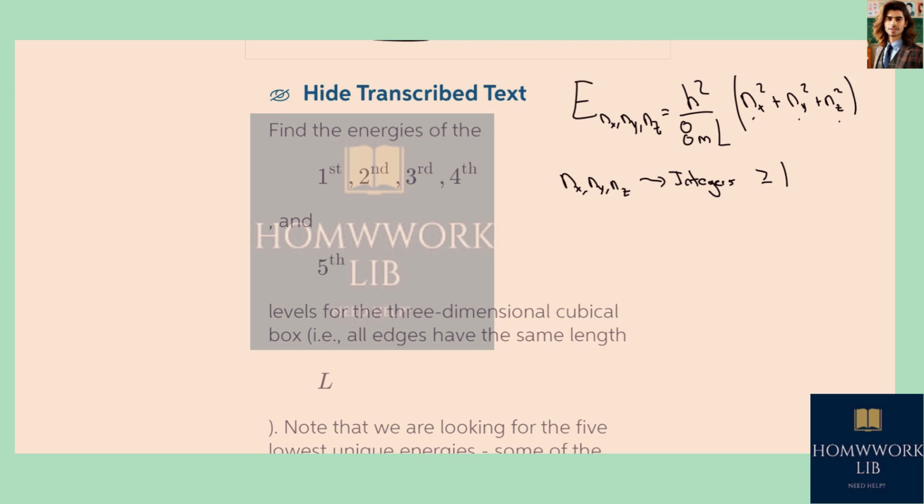First of all, the lowest state that we're going to find is going to be the 111 state. Next up, we're going to have different combinations of quantum numbers: 211, 121, and 112.